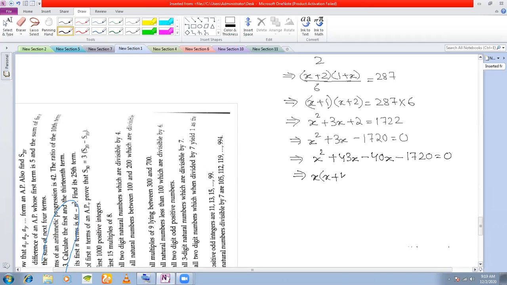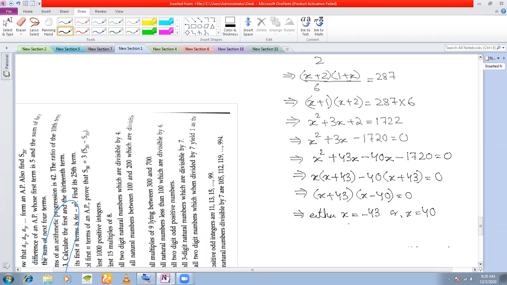You have x plus 43. It means, what are the values of x? Either x is equal to minus 43 or x is equal to 40. That's it.